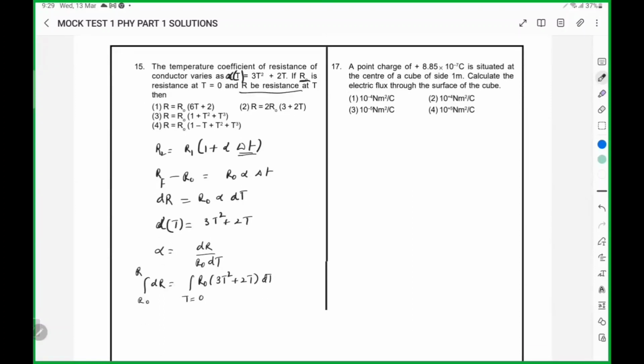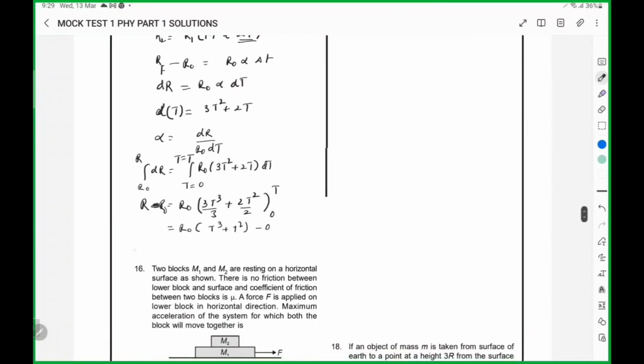He has given R as the resistance at T. Integrating, R naught times (3T cube by 3 plus 2T square by 2) between limits, it is R minus R naught, which is R naught into T cube plus T square minus 0. R is equal to R naught into 1 plus T square plus T cube.